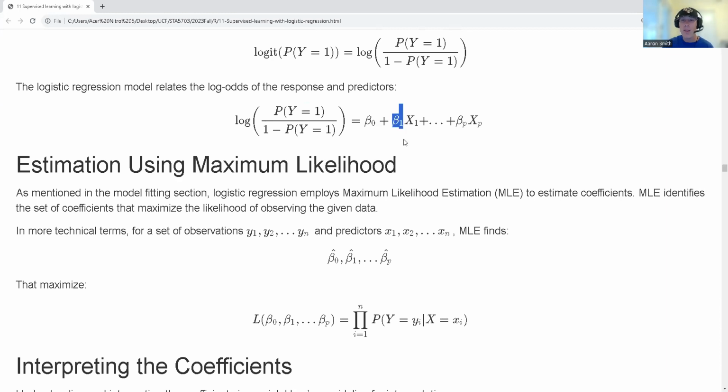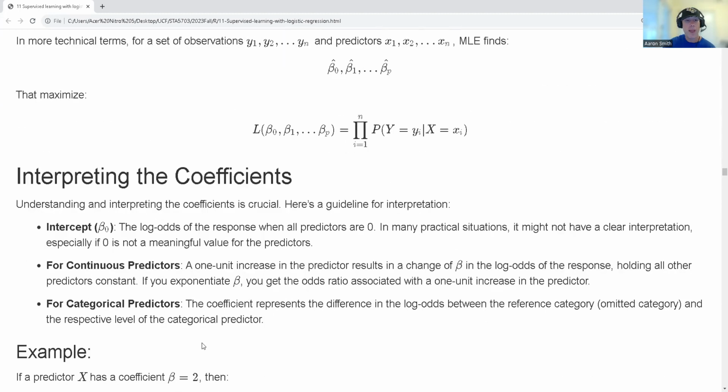And so for a continuous predictor, the coefficient indicates how much of a change, if I change my predictor variable by 1, how much of a change will I get in my log odds? Now for categorical predictors, the coefficient represents the difference between the baseline and the amount of increase if I was to change to that particular value of the category.